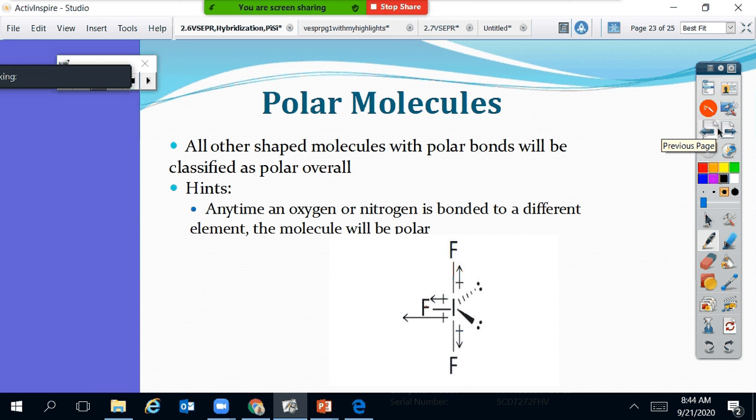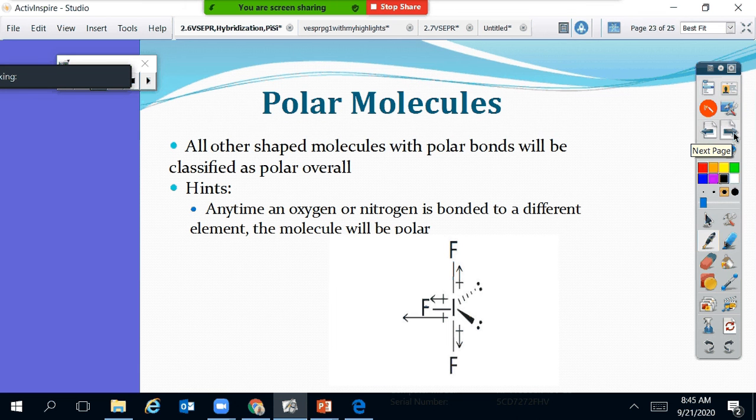Okay. All other shapes with polar bonds are classified as polar overall. And just a hint, anytime an oxygen or nitrogen is bonded to a different element, the molecule will be polar.